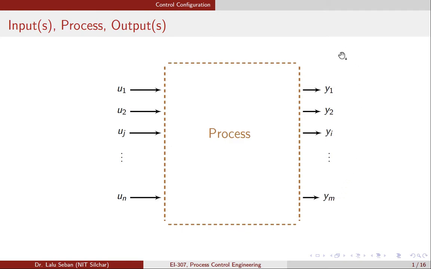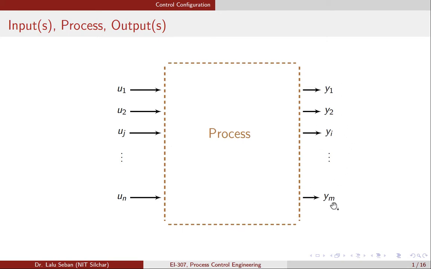Among the outputs, it can be classified as, say, controlled variables, which have some significance and need to be maintained at certain set points. Among the remaining variables, some of them we will also use for controlling other controlled variables.